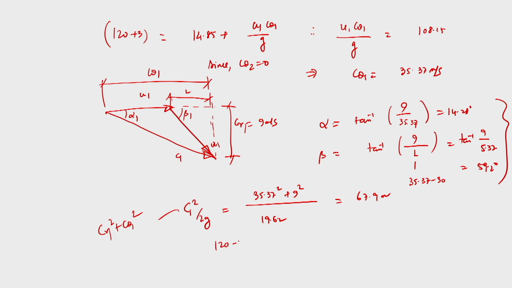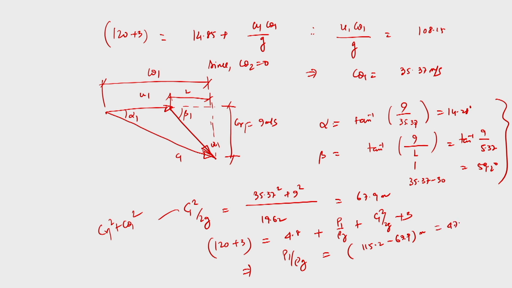So, now 120 plus 3 will be equal to 4.8 plus P1 by rho g plus C1 square by 2g plus 3. From there I can calculate P1 by rho g will be equal to 115.2 minus 67.9 meter, that equal to 47.3 meter. This is P1 by rho g.